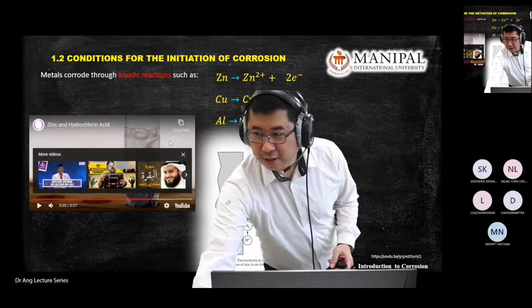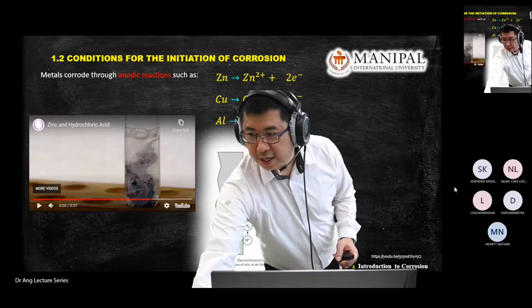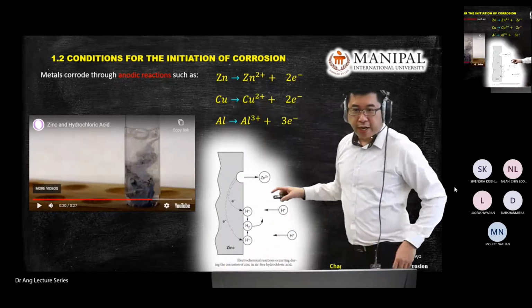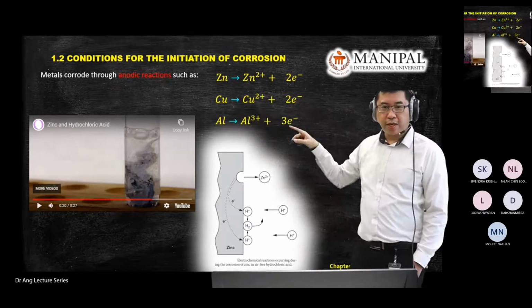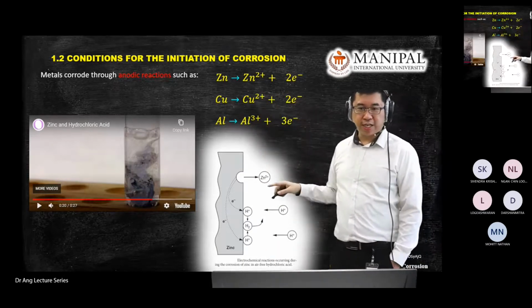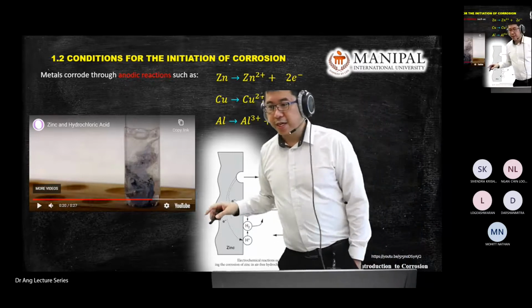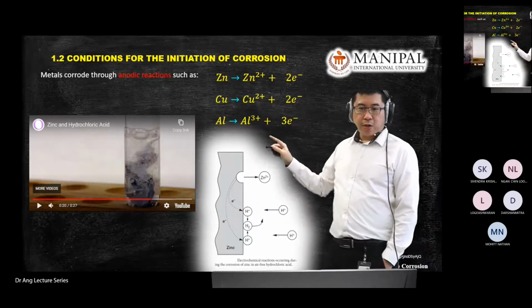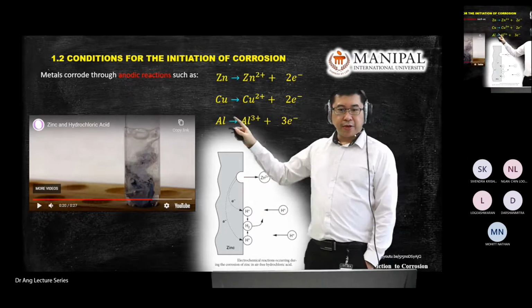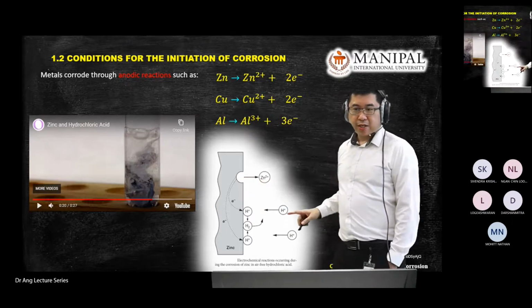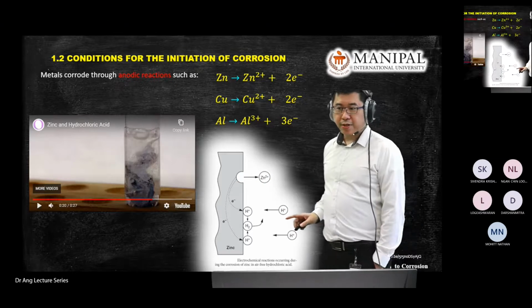Okay, sorry. If you look at the schematic diagram here, what happened to anodic reaction? I choose zinc as an example. What happened to the process of anodic reaction? Means that you will supply electron, right?